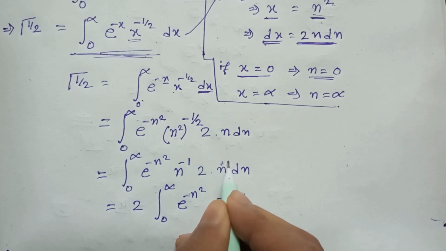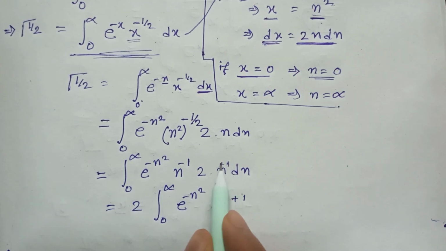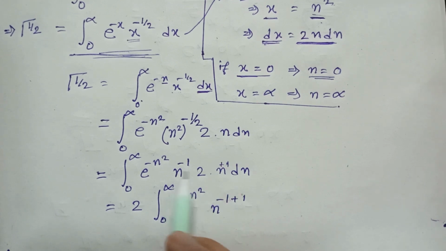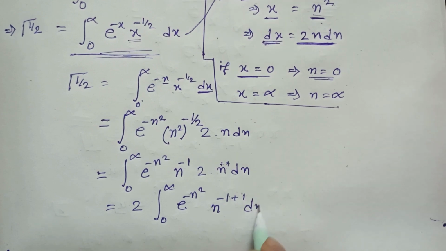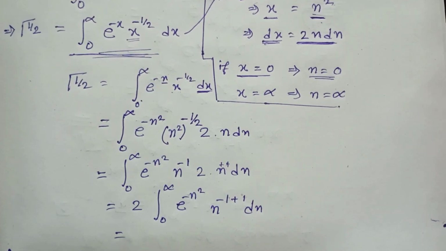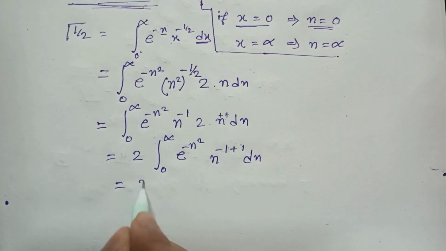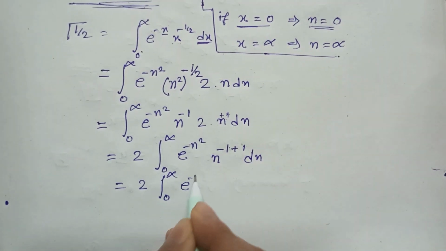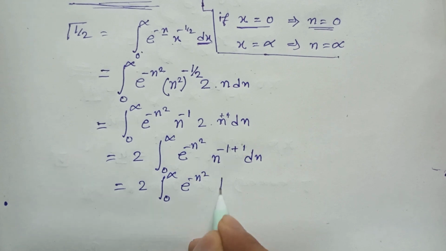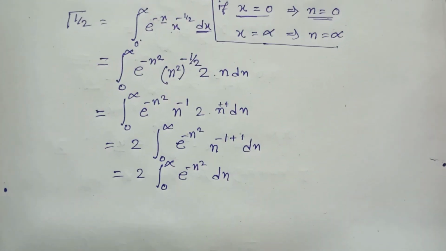Here it is plus 1, so we are writing just n here. After multiplying n to the power minus 1 with n to the power plus 1, we get n to the power minus 1 plus 1, and here is the dn term. So it equals 2 times the integral from 0 to infinity of e to the power minus n square dn.